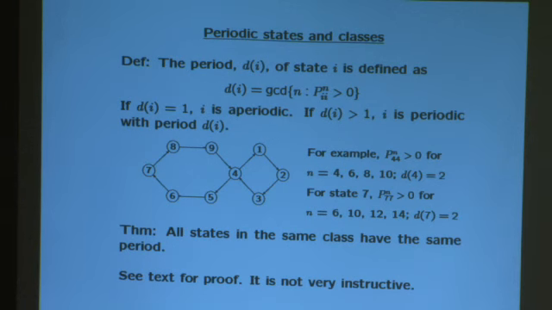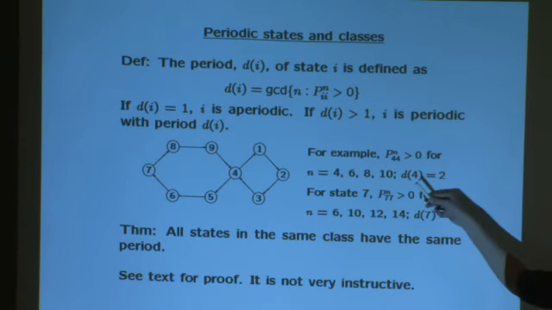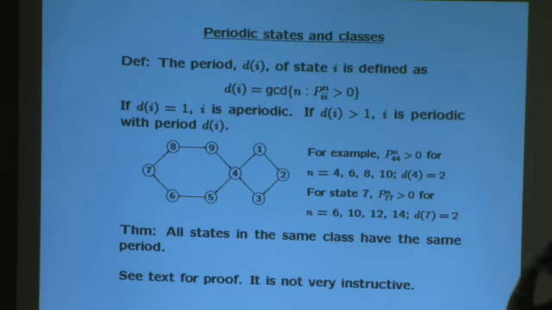For going from state 4 to 4, the number of steps that we need is like 4, 6, 8. So 4, 1, 2, 3, 4 is a cycle, or a walk from 4 to 4, and the number of steps is 4. 4, 5, 6, 7, 8, 9, 4 is another walk.